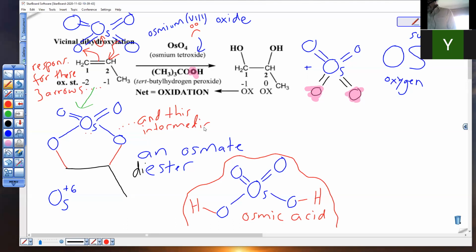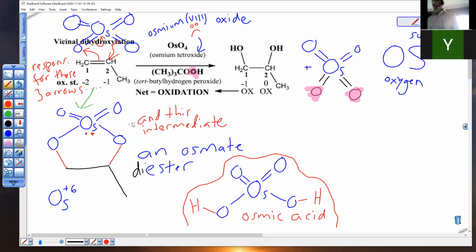So you should be able to provide the intermediate to me on a test if I ask for it, and provide the arrows that make the intermediate if I ask for it. And make sure you know those lone pairs and not dot, dot, dots. Dot, dot, dot here is continuation of a sentence. Okay.